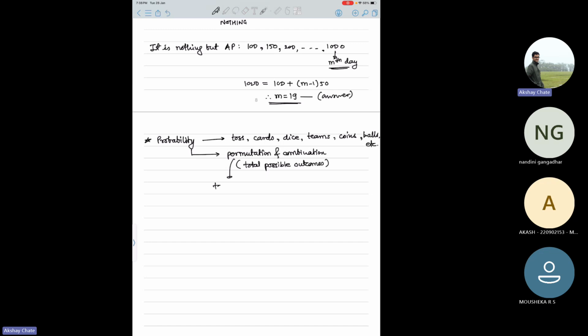So basically taking a photo of a group of 10 people. So these are 10 people, they are not identical people, right? So total possible cases will be 10 factorial, all those kind of things, right?